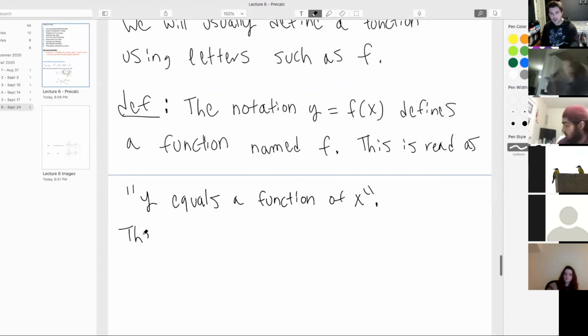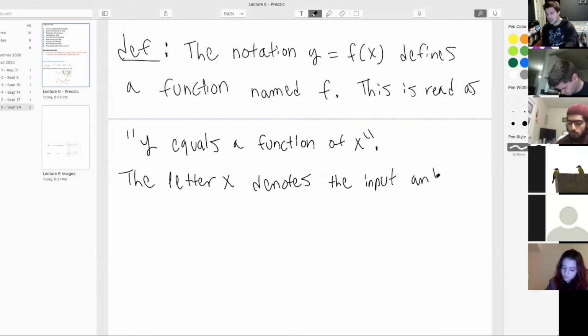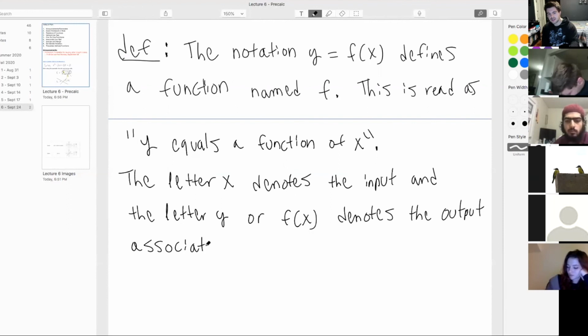Just more writing. The letter x denotes the input. That's the input of the function, x, and the letter y or f of x denotes the output associated to the input x.